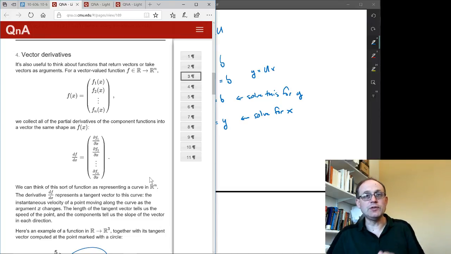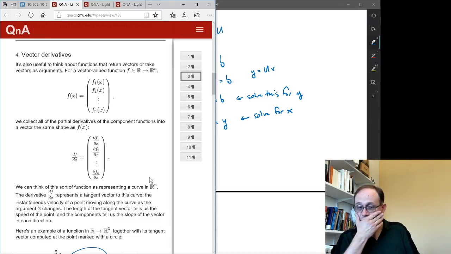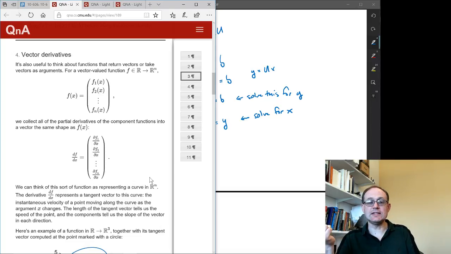So, derivatives that involve vectors. There are two cases where vectors could arise. They could be the input of a function or the output of a function. Let's first talk about the output of a function. So f of x goes from R to R^m, and we can write it by its component functions f1 through fm of x.